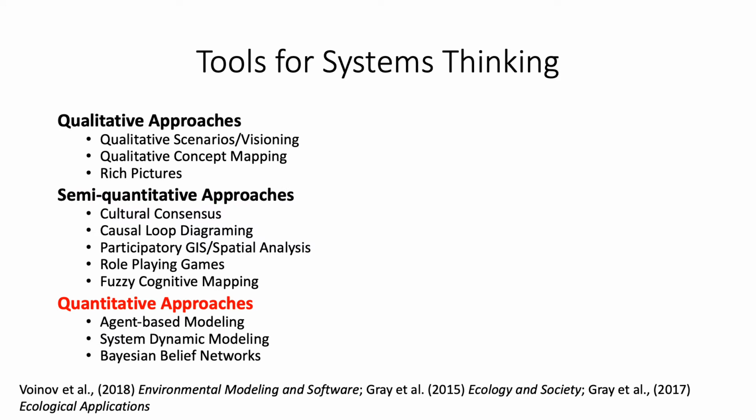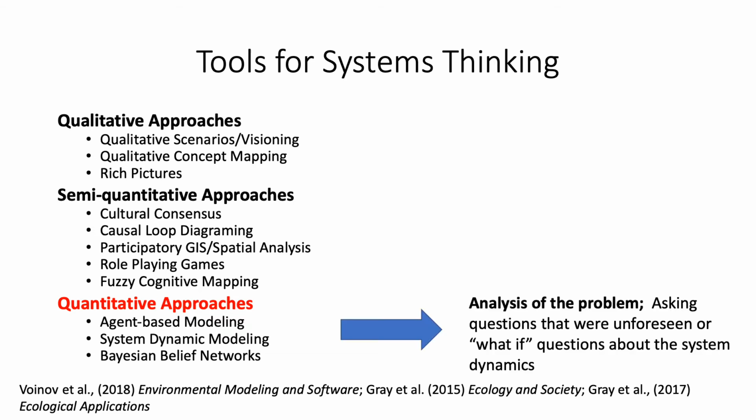Quantitative approaches are tools such as agent-based modeling, system dynamic modeling, and Bayesian belief networks. These tools are particularly helpful for thinking about the analysis of problems, or asking questions that were unforeseen or what-if questions about the system dynamics.